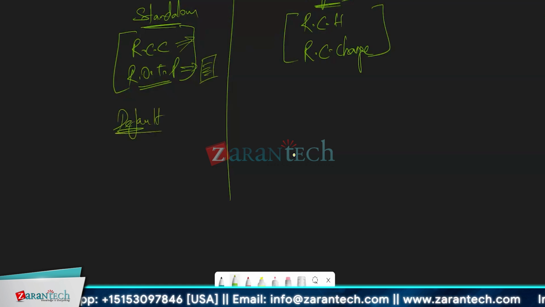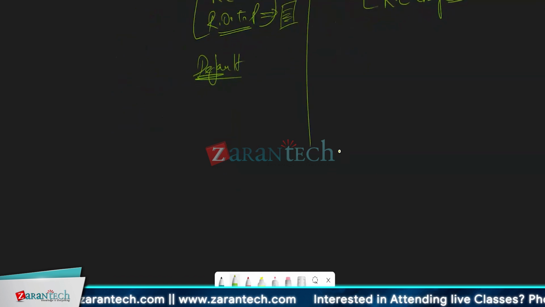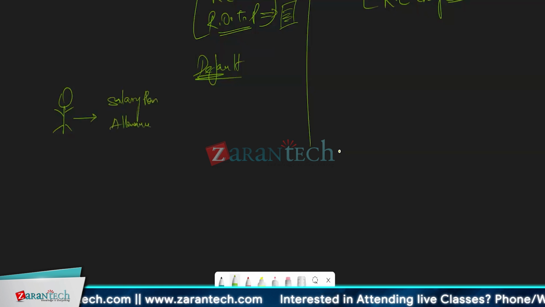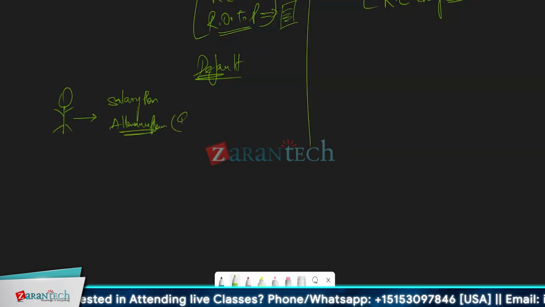Meaning, let's take an employee, Jack. Okay, now try to understand this. Let's take this employee. At the time this employee was hired, this employee was eligible for a salary plan and was eligible for an allowance plan. Let's say this allowance plan was a transportation allowance.